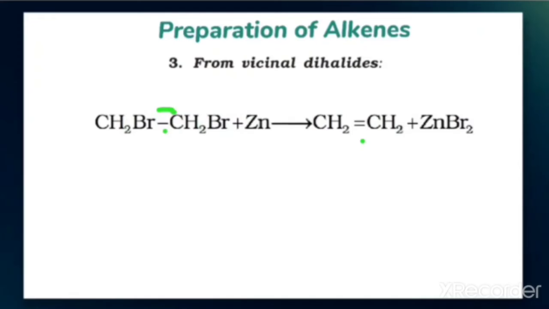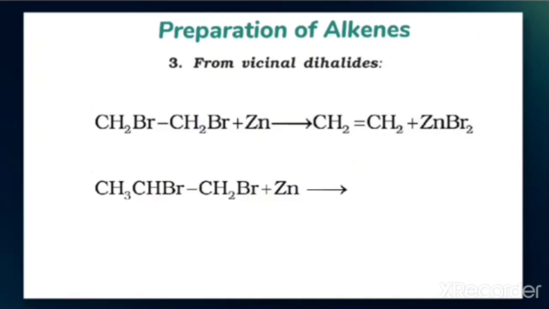Already one bond is there, one more bond is formed, so you can see a double bond between the 2 carbons. After the removal of the 2 halo groups, a double bond is formed between the 2 carbons. So this is called an alkene.